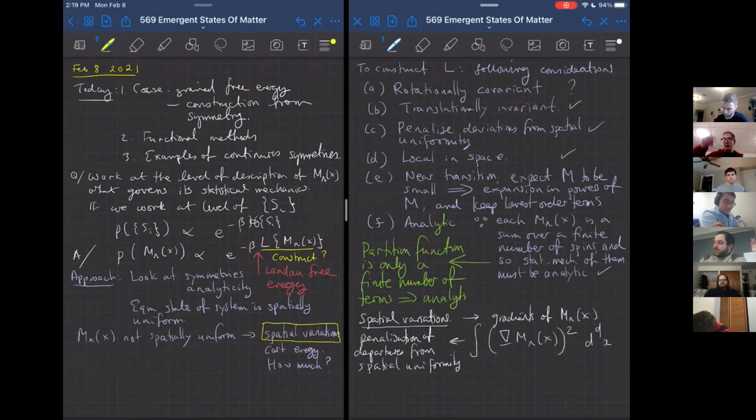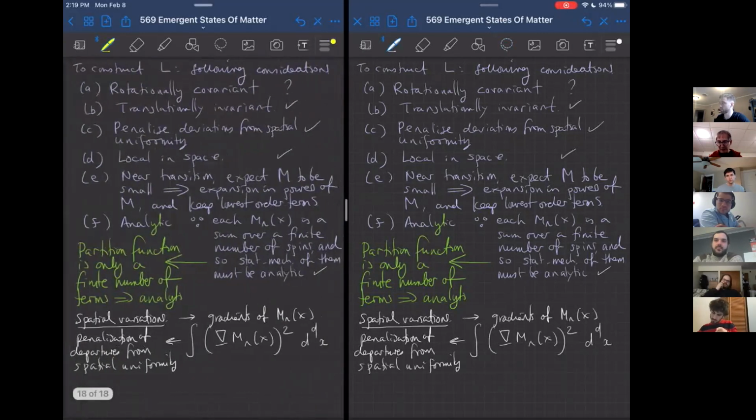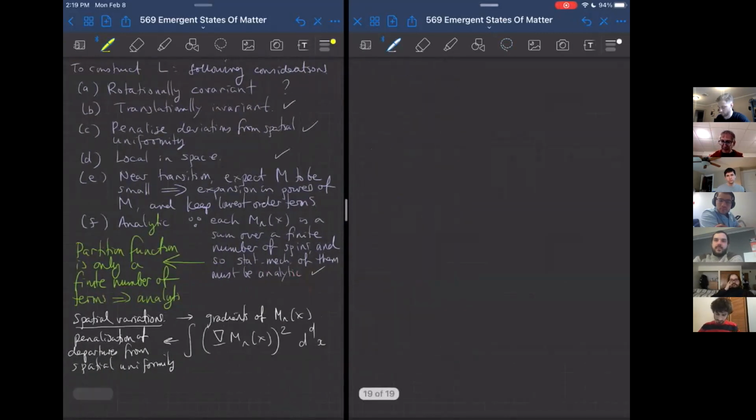If m fluctuates, has a positive gradient or a negative gradient, because of the squared term, each deviation from uniformity, regardless of whether it's positive or negative, will still give you the same energy cost. And we're going to multiply it by some coefficient that will tell us the energy cost of these spatial variations. So that's fine for the spatial variations.